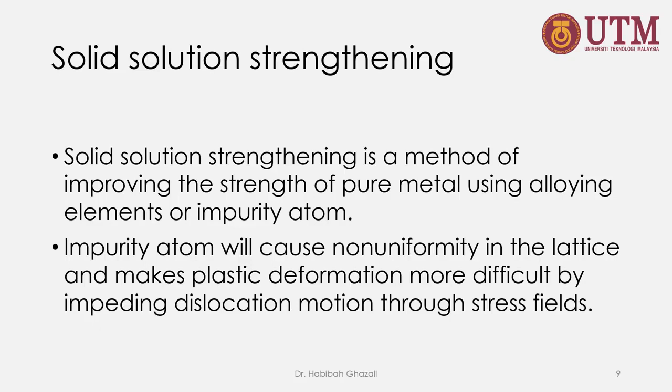So there are two ways an alloying element can be introduced into a pure metal. One is by substitutional solid solution, and the other is by interstitial solid solution.